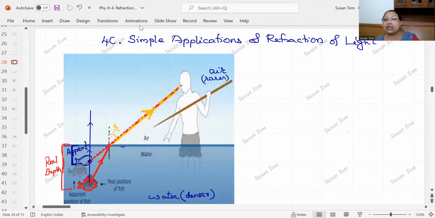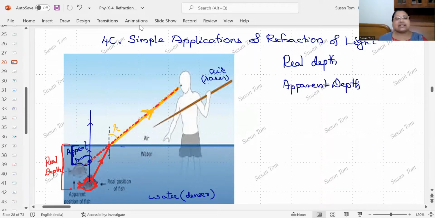Apparent depth. So I am writing two words. One is real depth: the actual distance from the surface of the liquid at which an object is. And what we feel while seeing, the sensation, that is apparent depth. So two different depths are mentioned. Suppose in this case the real depth is 4 meters.